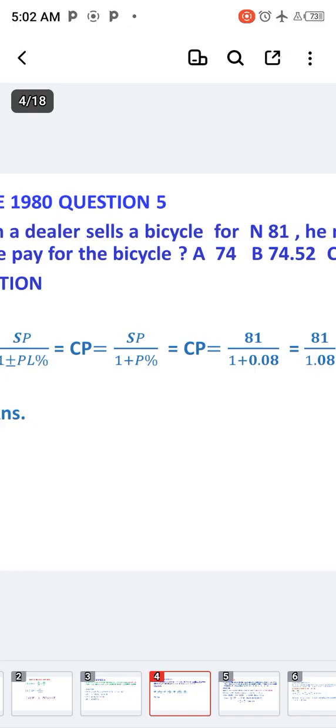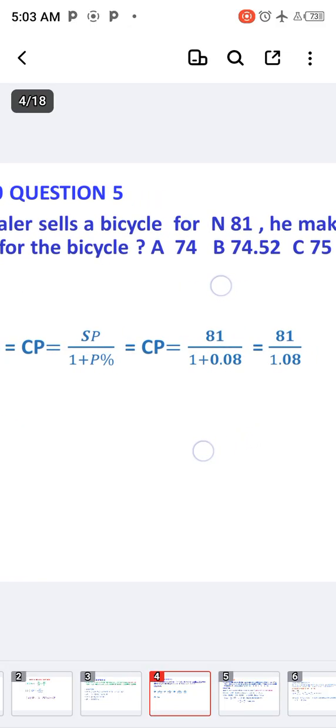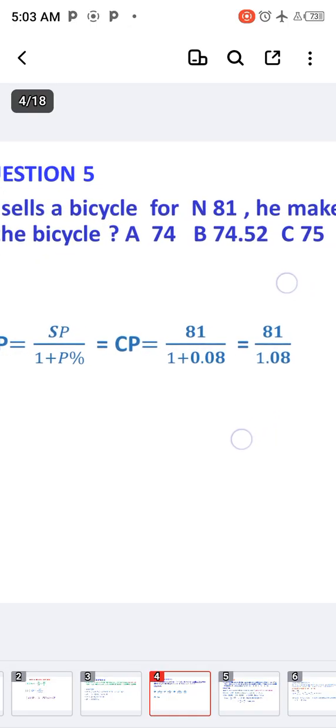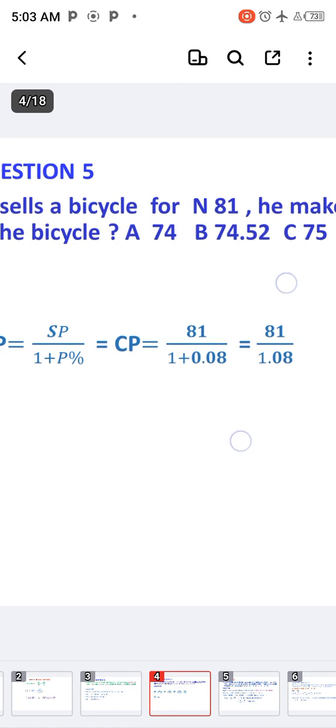The profit percent is 8%. That means selling price, which is 81, over 1 plus 0.08, 0.08 being 8% converted to decimal. Now we have 81 over 1.08.